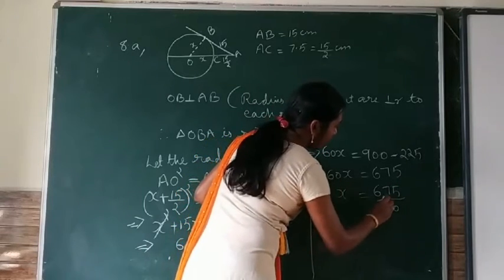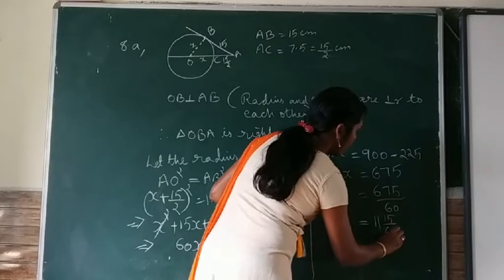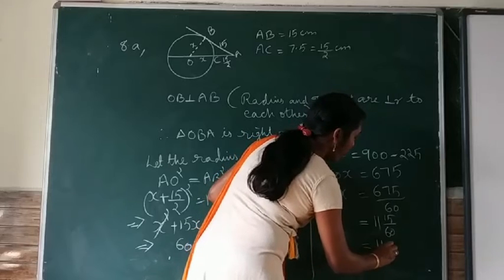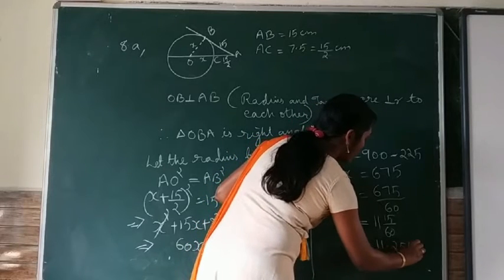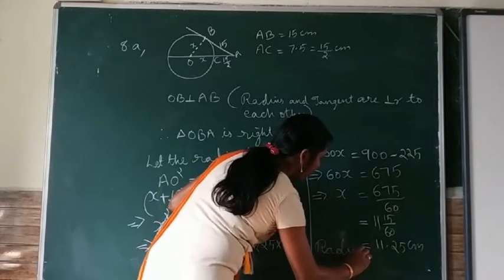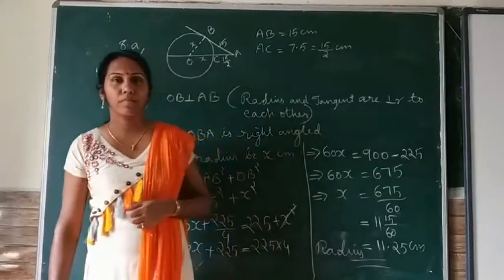That is equal to 11 whole 15 by 60, or x is equal to 11.25 centimeters. So the radius of the circle is 11.25 centimeters.